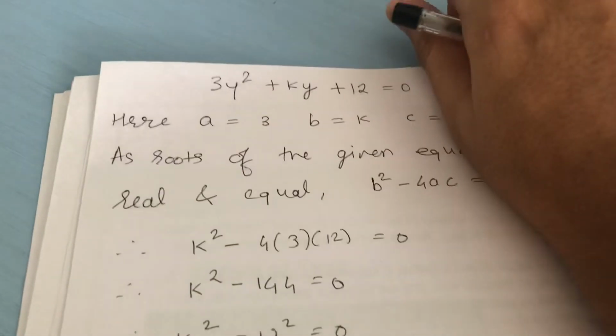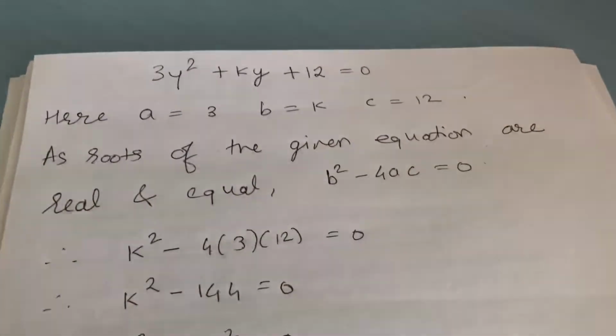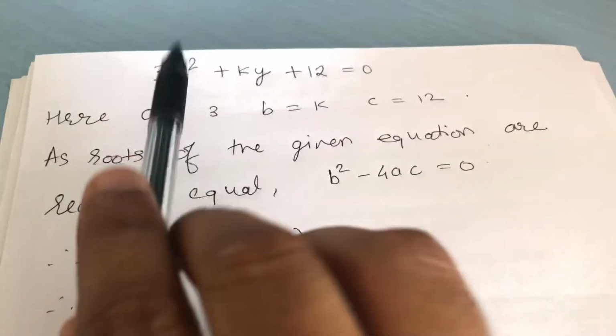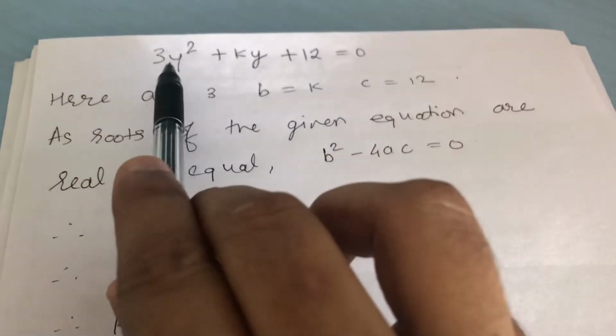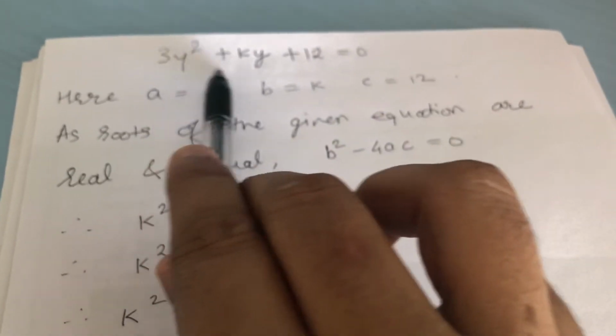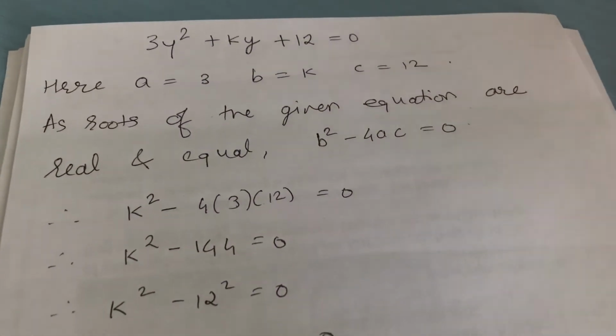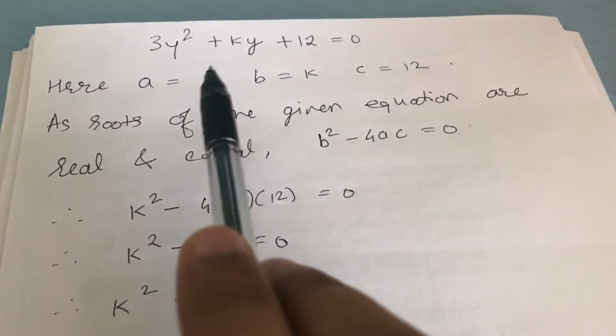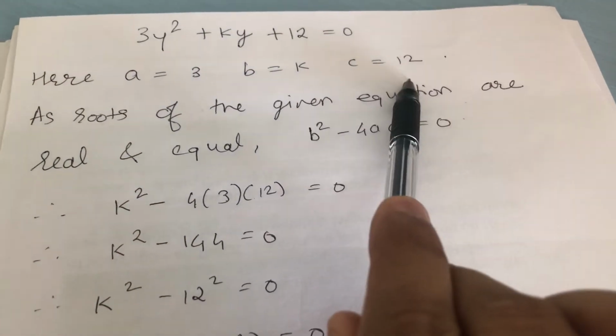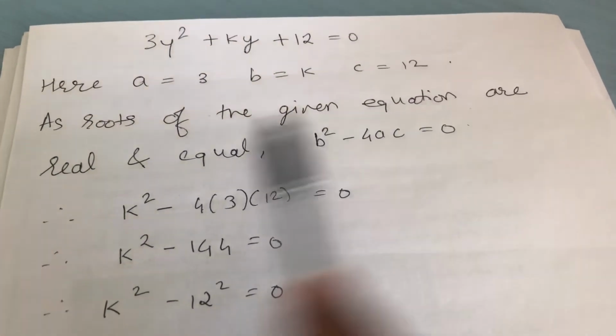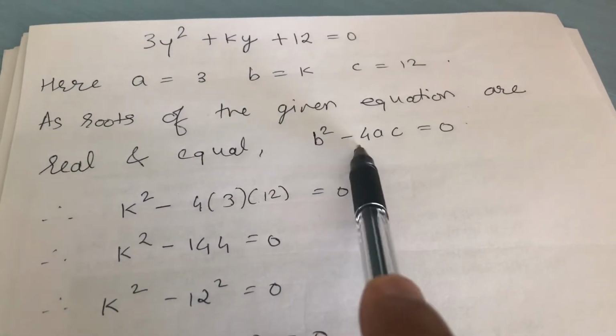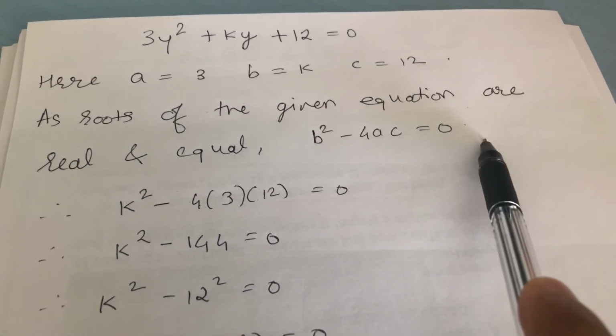Now next question. They are already telling you that the roots of this equation are real and equal. They are already telling you. Okay, so we found out a, b, c. The roots of the given equation are real and equal, therefore b square minus 4ac will be 0.